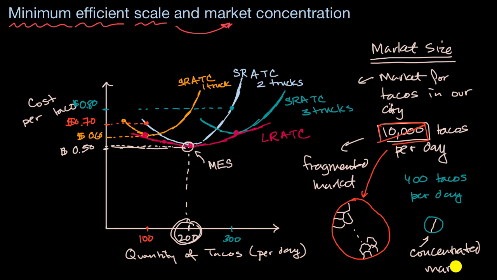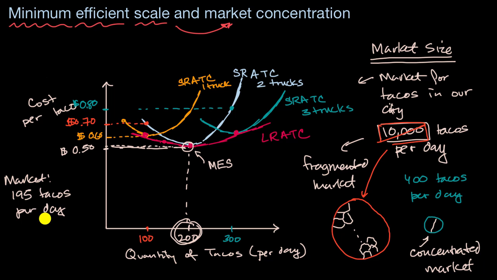market. And you could go to a reality where your minimum efficient scale is at the market size or is even larger than the market size. So let's say that the market size is not 400 tacos per day, but let's say we had a market of 195 tacos per day.